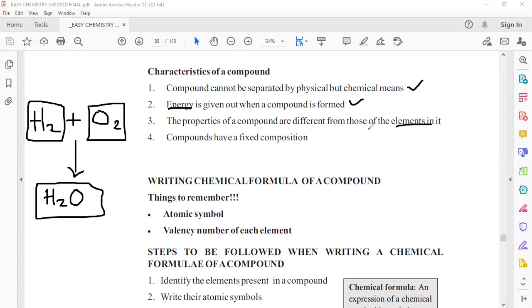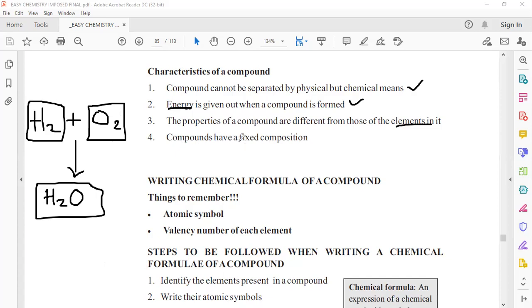When you look at the physical properties of water and those of hydrogen and oxygen, they are totally different. When these two combine, their physical properties do not accompany them. A compound comes up with its own physical characteristics, totally different from those of the reactants or elements involved.